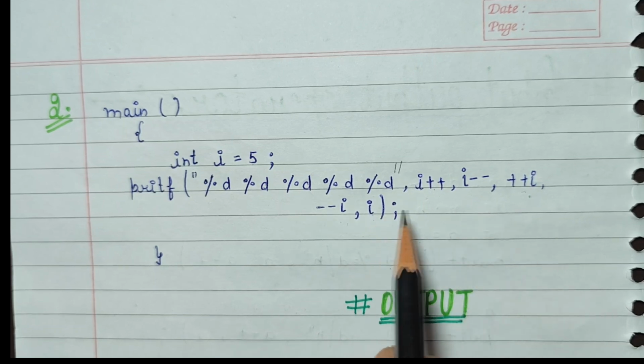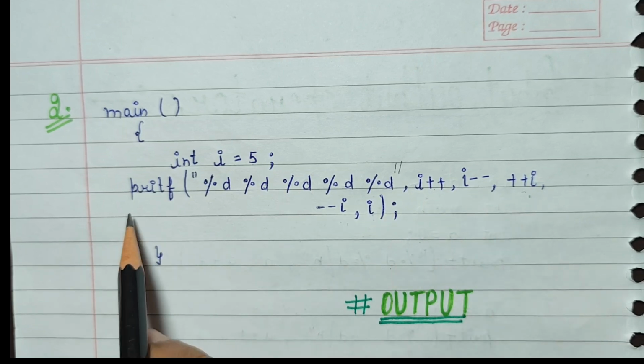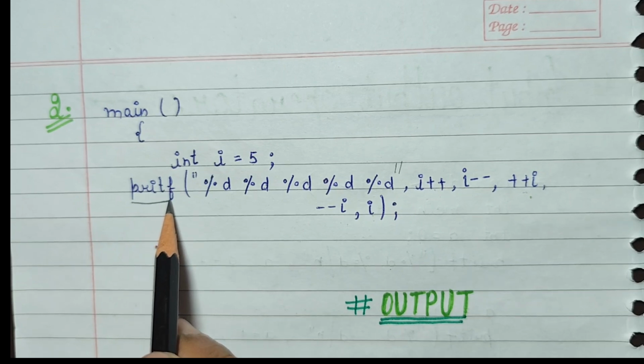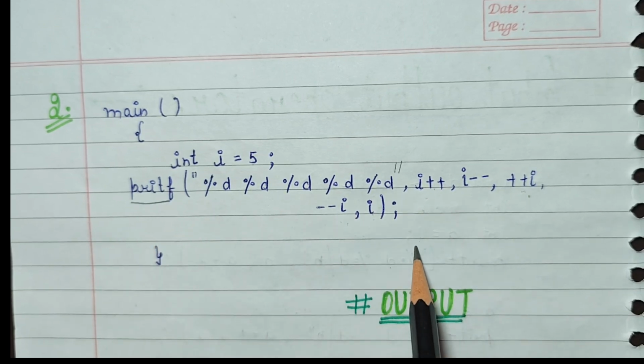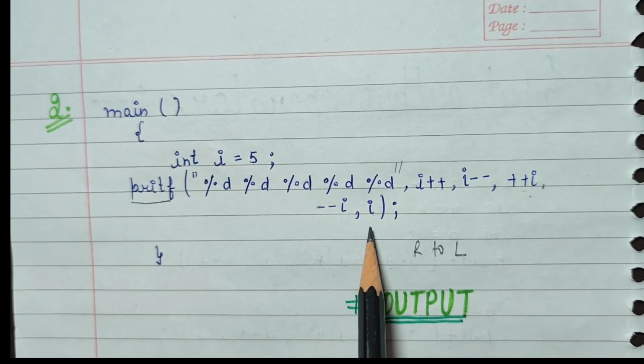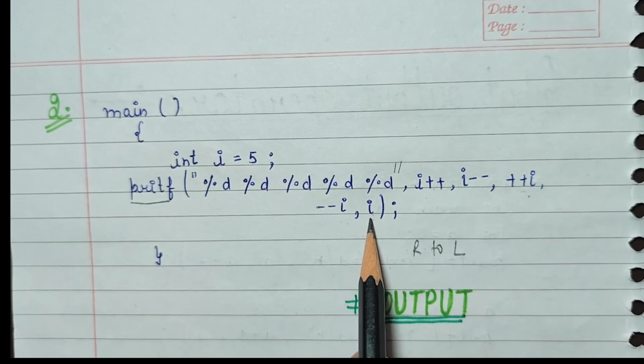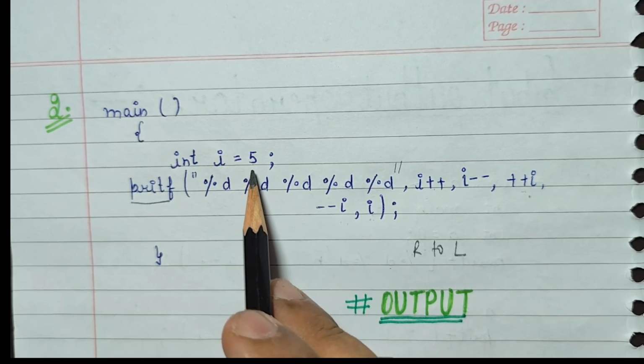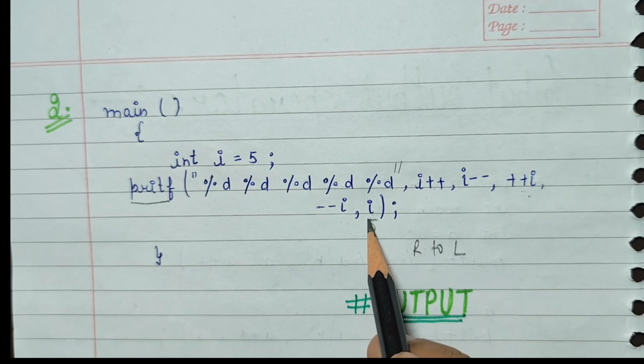So all of you know we have multiple values in the single printf statement, so values are evaluated from right to left. This one is a simple variable, so only a temporary value is assigned: here 5 is assigned, but this value is temporary.